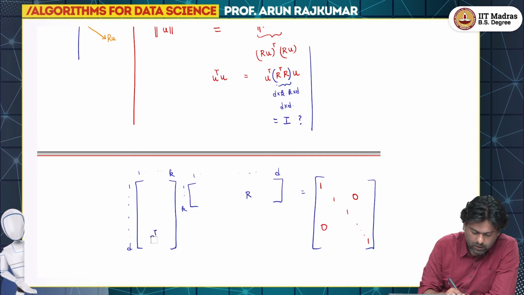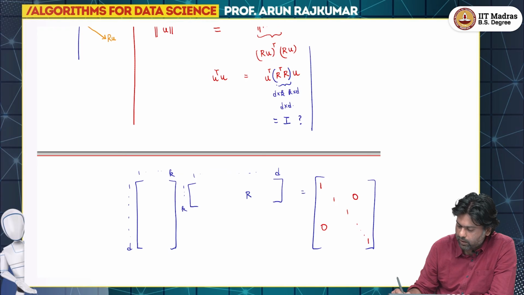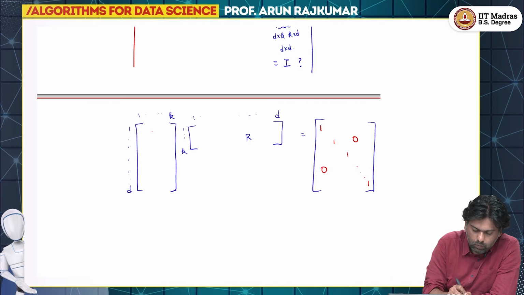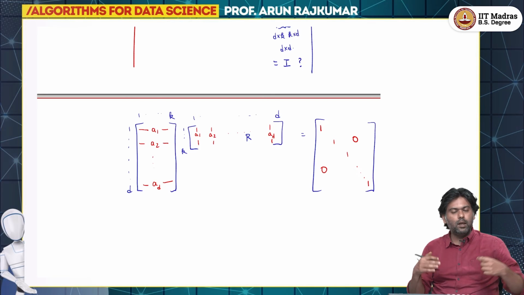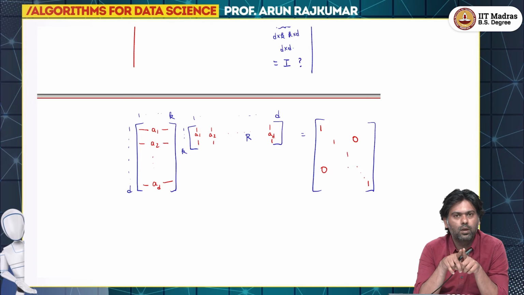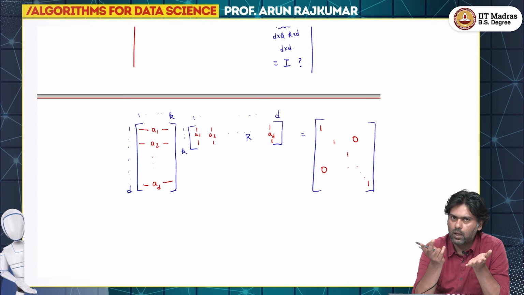Now, let us look at this, right. What should happen for this to be identity? Let us call the rows of R transpose A1 to AD, which are the same as the columns of R. Now, what we are saying is that if I take a dot product between A1 and A1, or A2 and A2, any of these rows with itself, I should get 1, and if I take a dot product between any Ai and Aj where i is not equal to j, I should get 0, right.